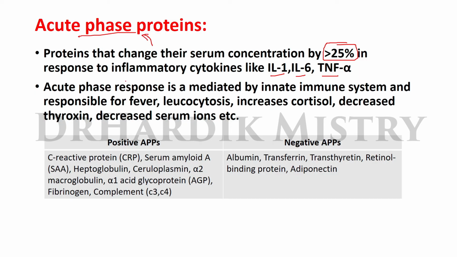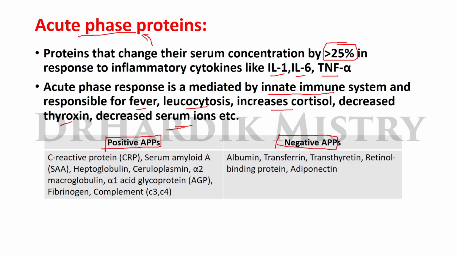Acute phase response is mediated by the innate immune system and is responsible for fever, leukocytosis, increased cortisol, decreased thyroxine level, decreased serum iron, etc. Now there are two different types of acute phase proteins, positive acute phase proteins and negative acute phase proteins.